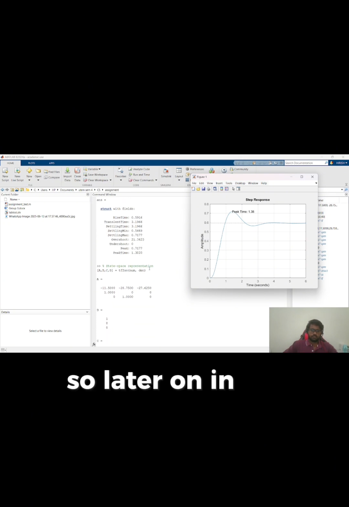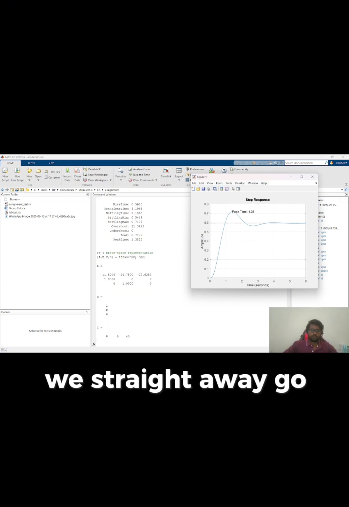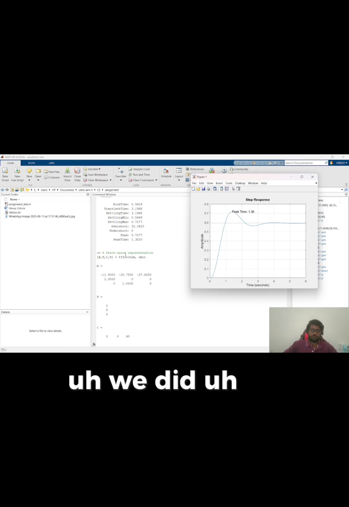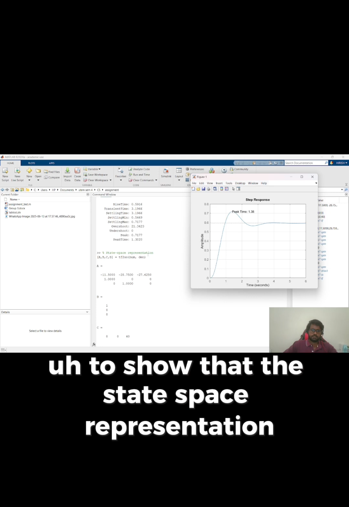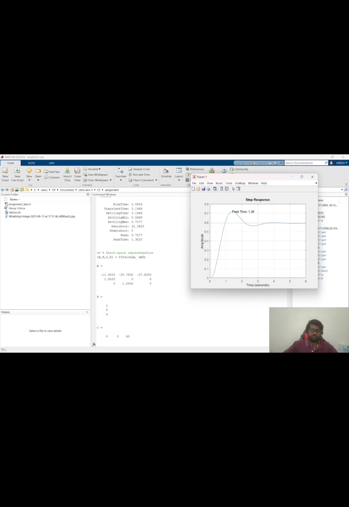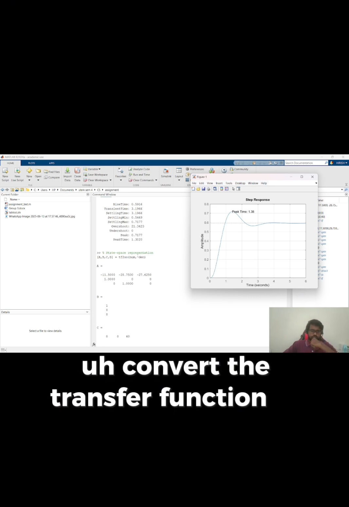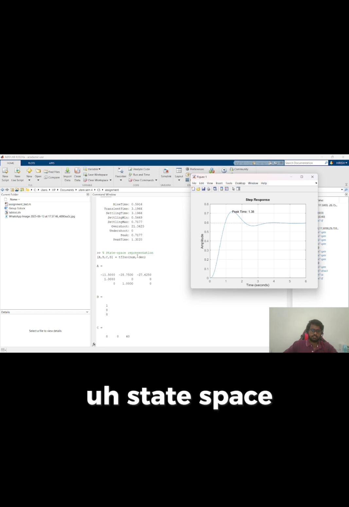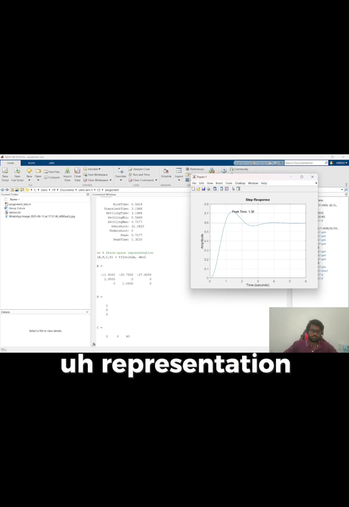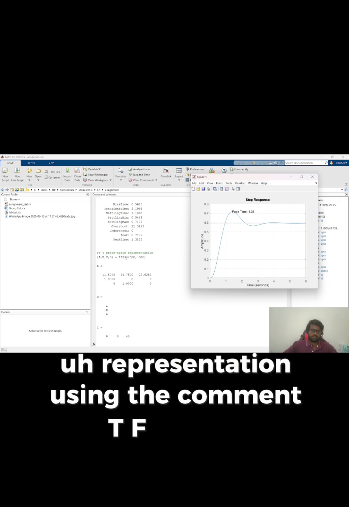Later in the comment section, we show the state space representation, where we convert the transfer function to state space using the command tf2ss.